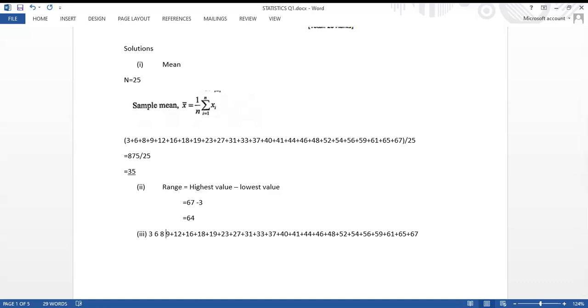Here's the list of ways we can look for the median. There are 25 data values. We can use the formula n plus 1 over 2, or we can use the measures of position, the 50th percentile, to locate our median.